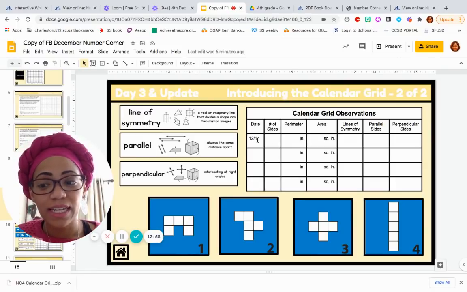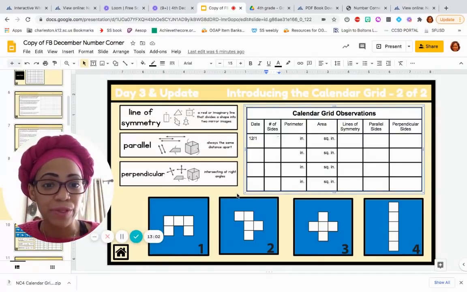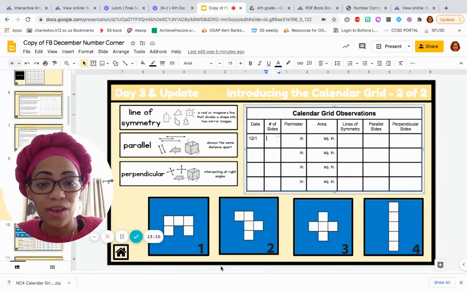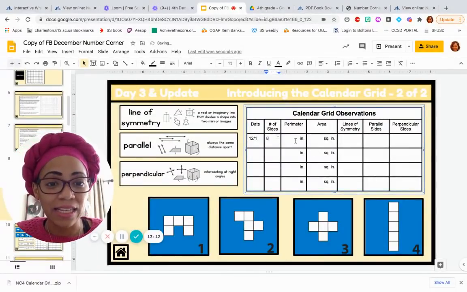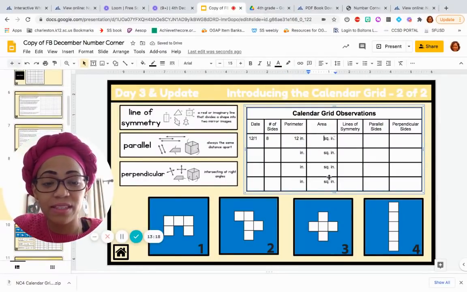Okay, so the date is 12/1, December 1st. How many sides does it have? And when you're thinking about the number of sides, I don't want you to think like we're counting perimeter. I just literally want to know how many sides it has. Right, it has 8 sides, and the perimeter we already figured out was 12 inches. Okay, what is the area of this shape?